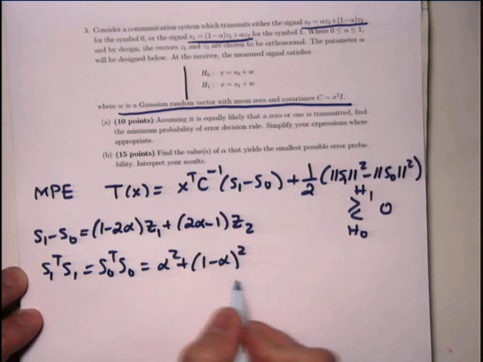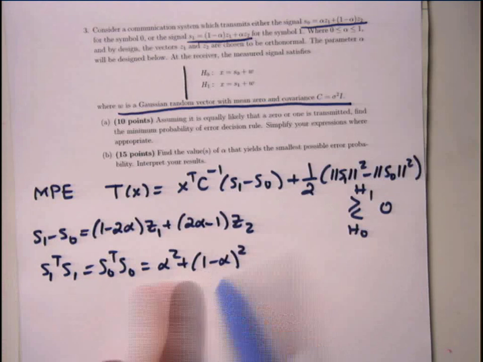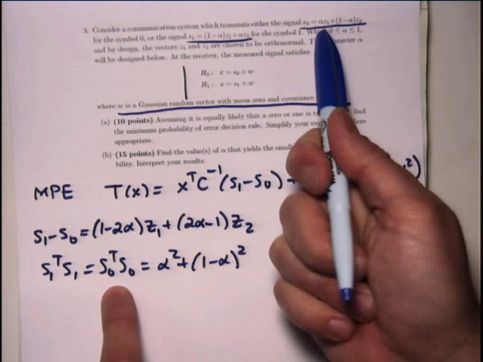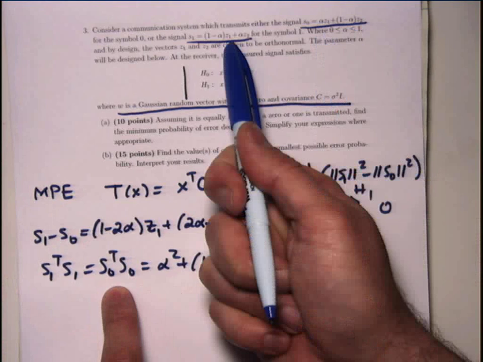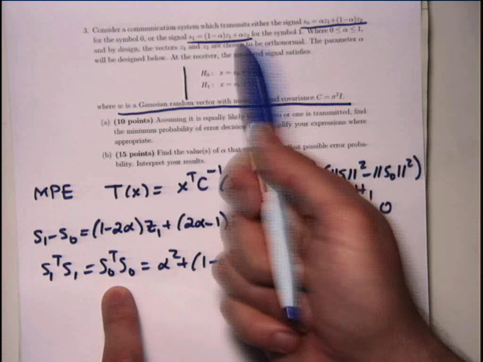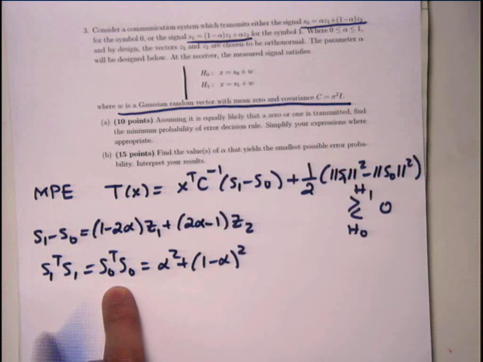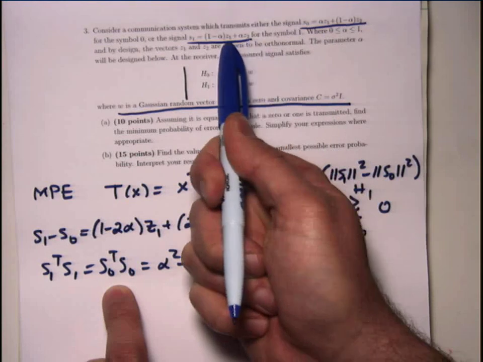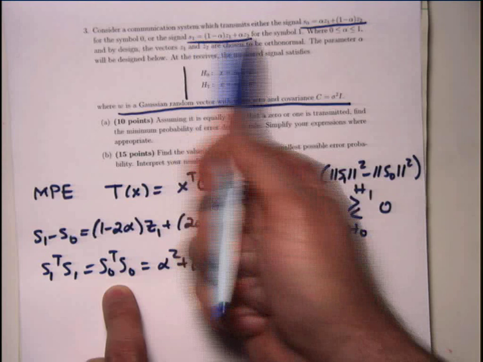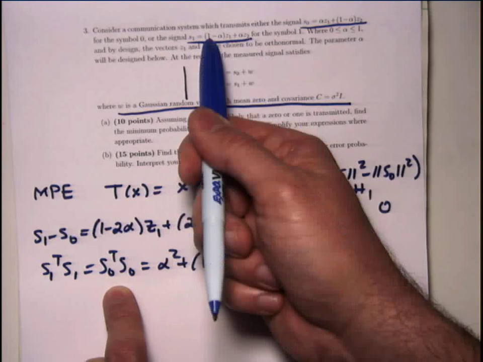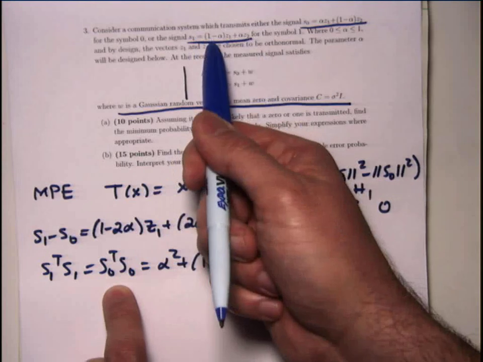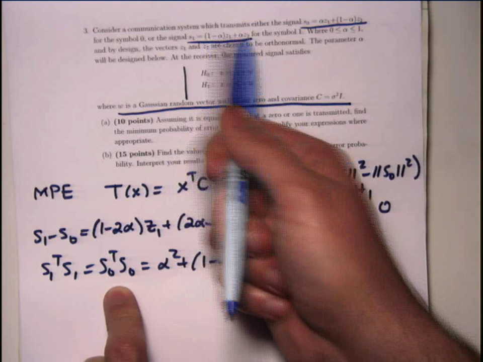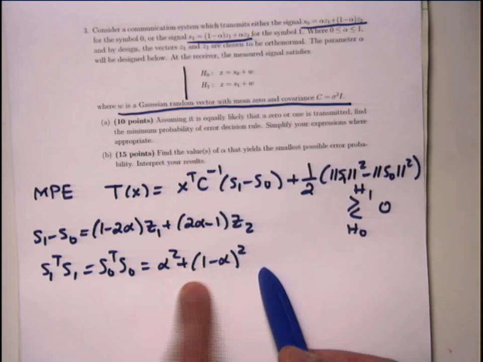Now this, I hope, is not too confusing, because remember what S1 and S0 are. They're a linear combination of two orthogonal vectors. So if you have two orthonormal vectors, the magnitude of Z1 and Z2 are both 1, so the magnitude of the linear combination is simply the square root of the sum of the squares of these two. So that's why this is true.